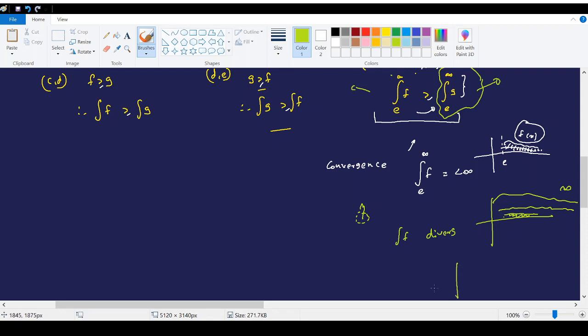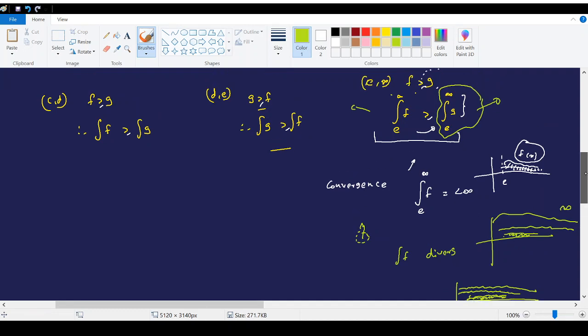And also if the smaller function has a finite area, we cannot say anything about the larger function. The larger function can sometimes have a finite area, and it may also have an infinite area. So this comparison theorem will work only in one direction.